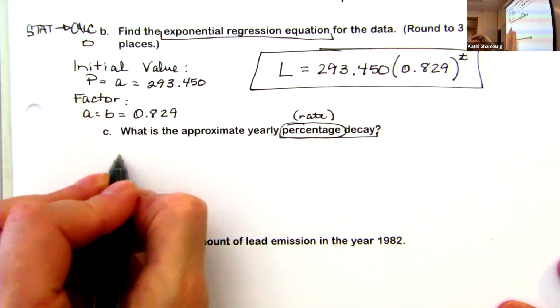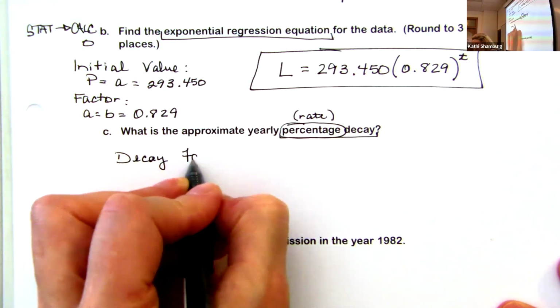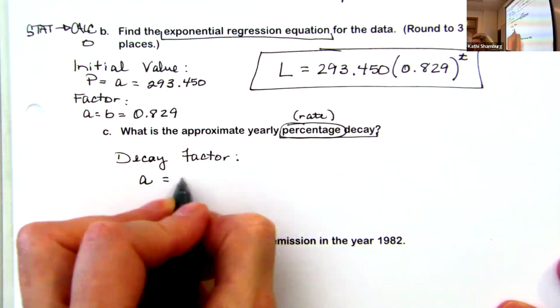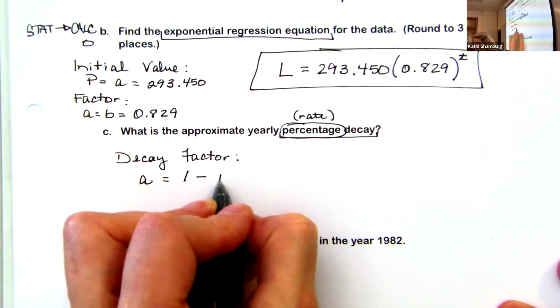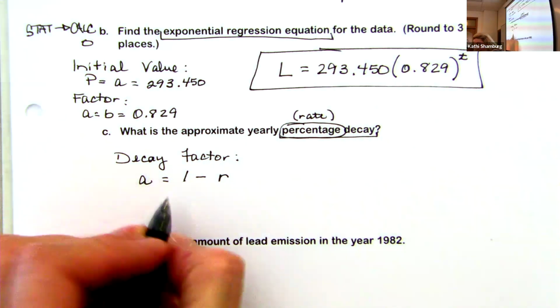We know in this problem we have a decay factor, which is found by 1 minus r. The decay one takes a little bit more work to find.